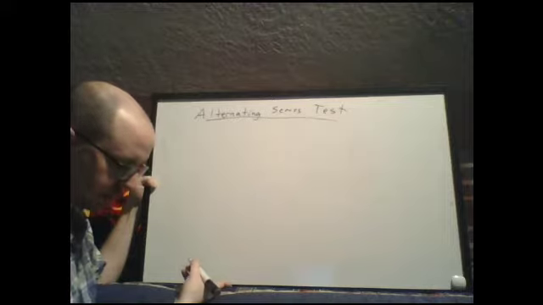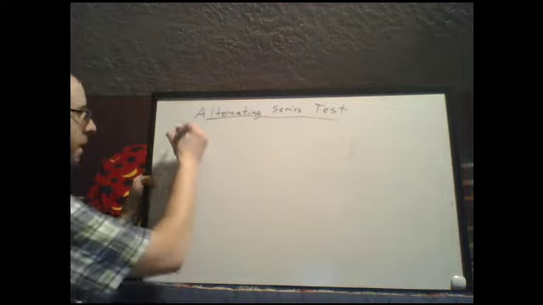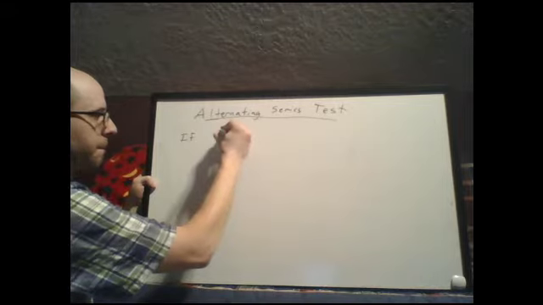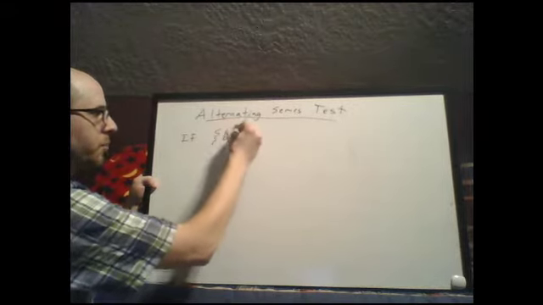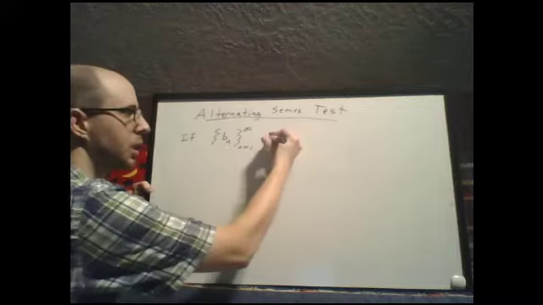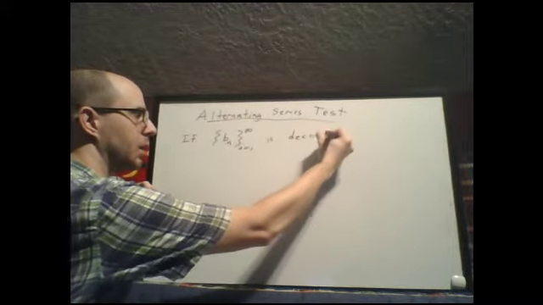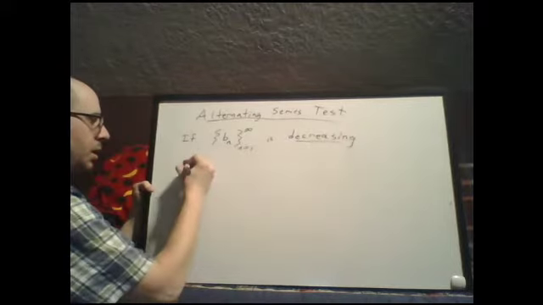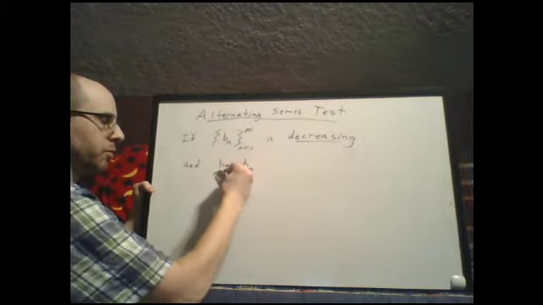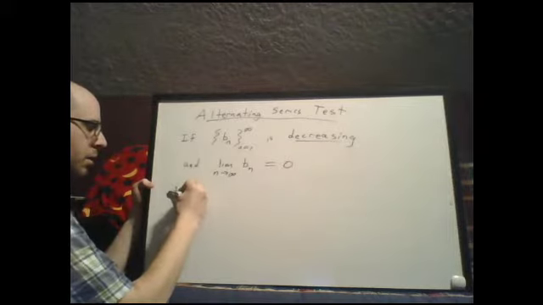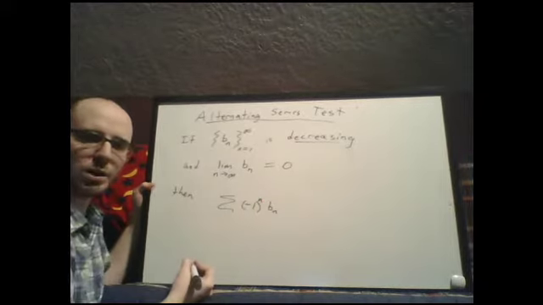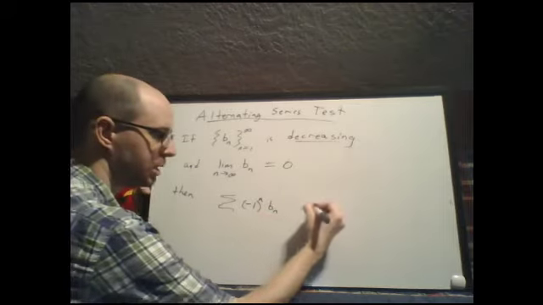All right, so if your sequence of b's, whatever n value you start at, is decreasing and the limit of the b's as n approaches infinity is 0, then your alternating series, negative 1 to the n times those bn's, must be convergent.